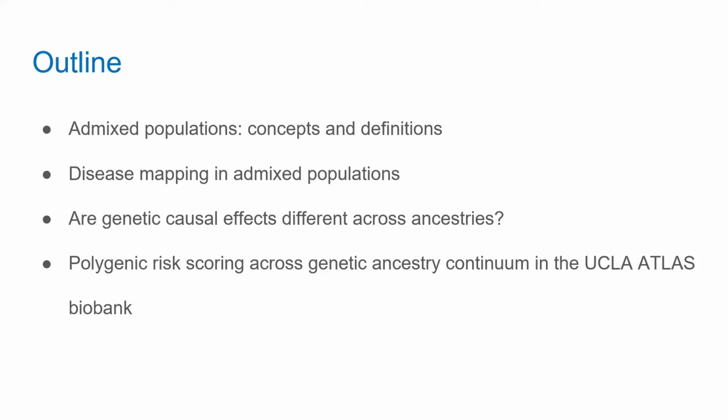Then finally, a very interesting topic that we started this year, and we're very excited and fascinated about this fundamental question that we're all grappled with, which is whether genetics plays the same role in disease across different ancestry populations. I'm going to try to argue that looking at admixed individuals or admixed populations is a unique way in which we could answer this question.